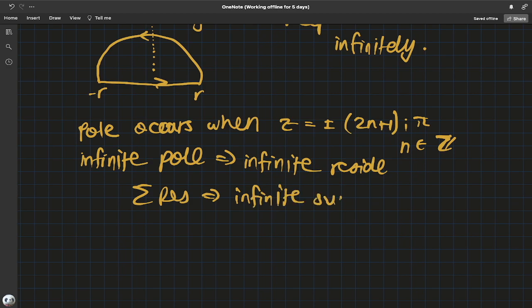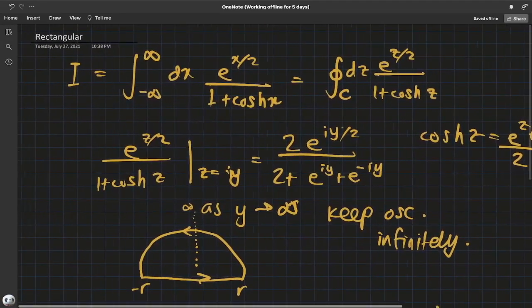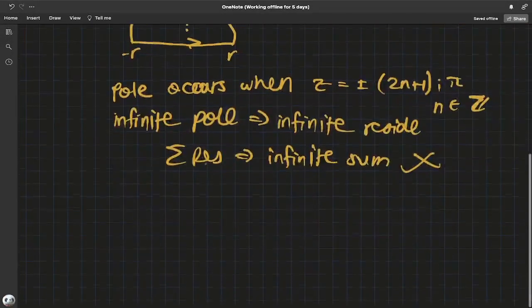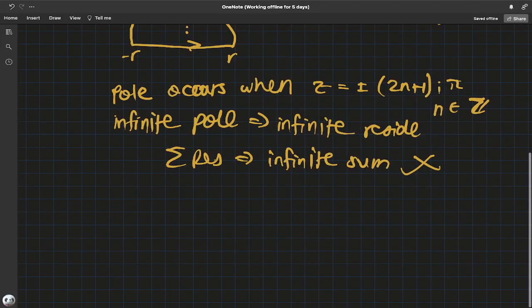Although this is my channel and we embrace infinite sums and infinite stuff, it's not a good idea to spend too much time on something that could have been simple, making it harder and spending too much time on it. So I hope these reasons convince you why we need a different contour.